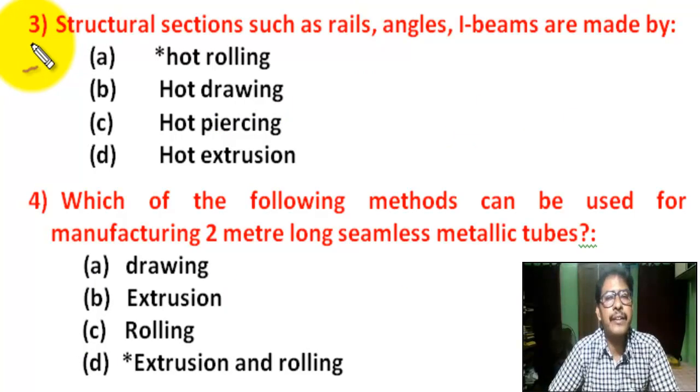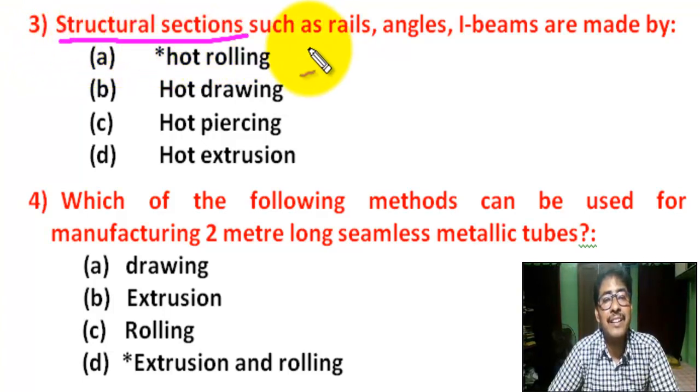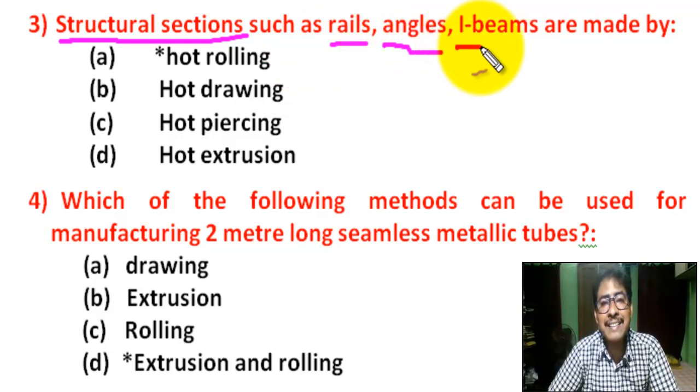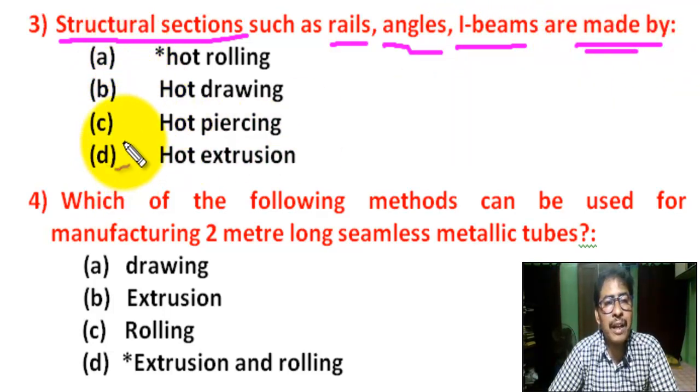Question number 3. Structural sections such as rails, angle, I-section beam are made by, there are 4 options. Correct answer is A, hot rolling.